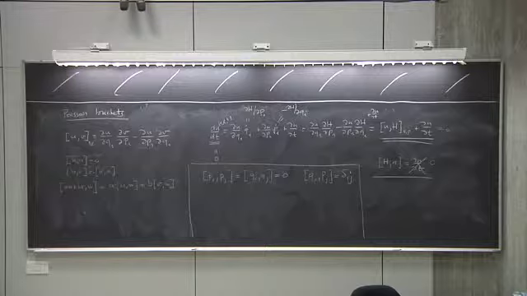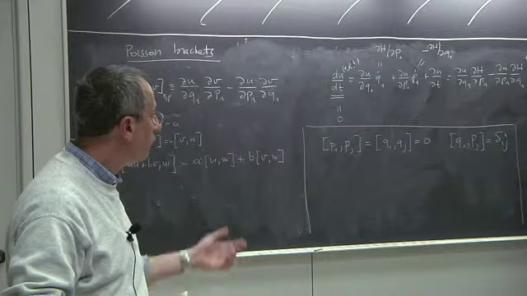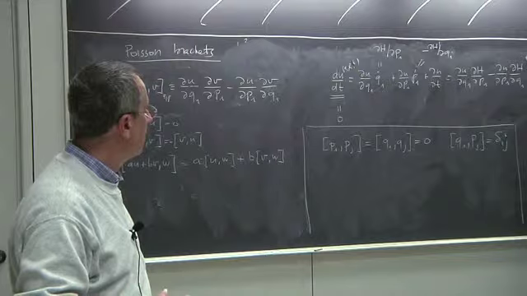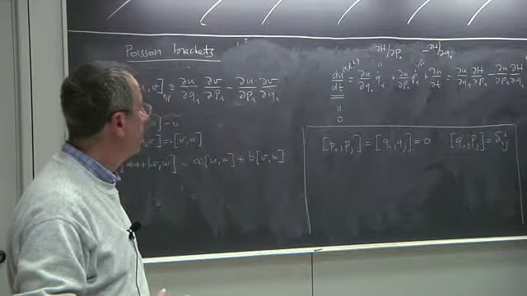And if the partial derivative is equal to the total derivative, then the Poisson bracket vanishes. And so we have two situations where u is a constant of the motion.